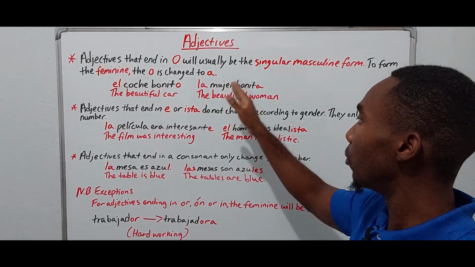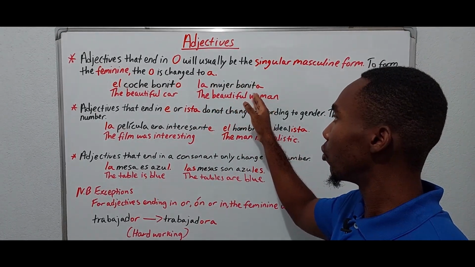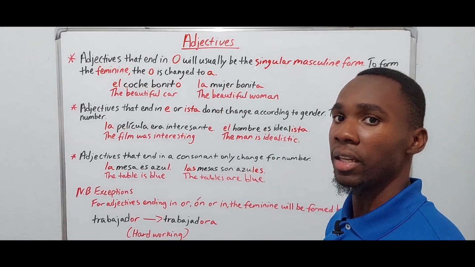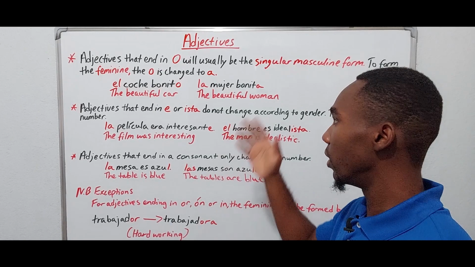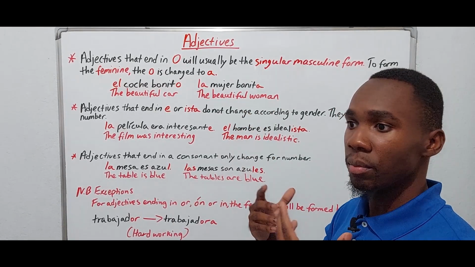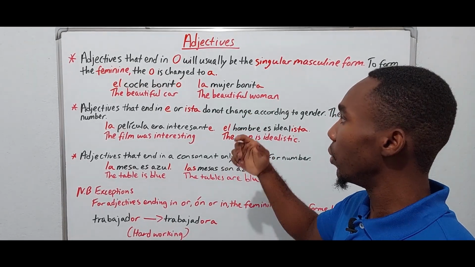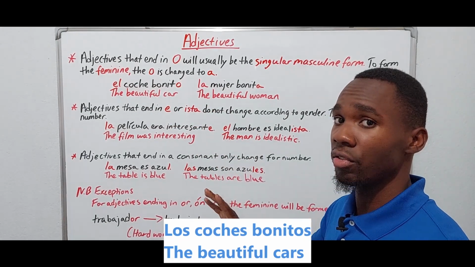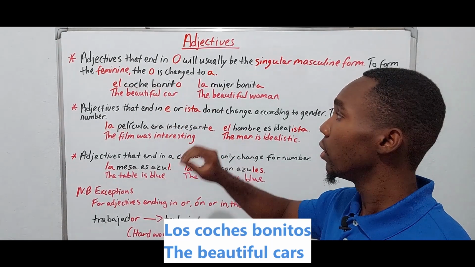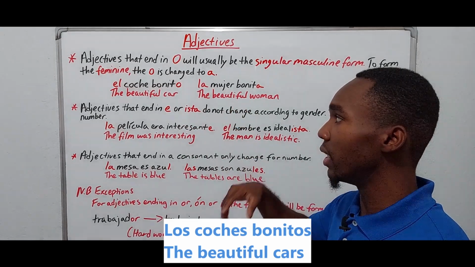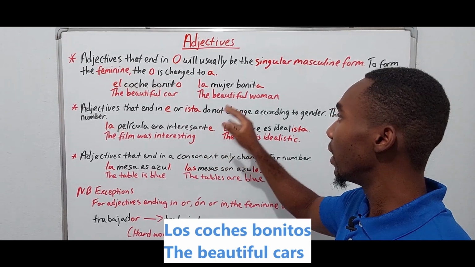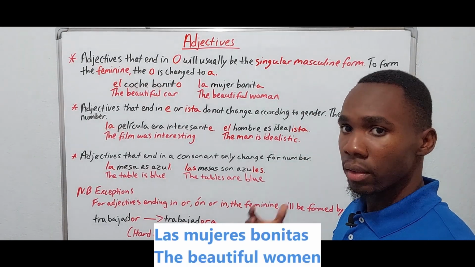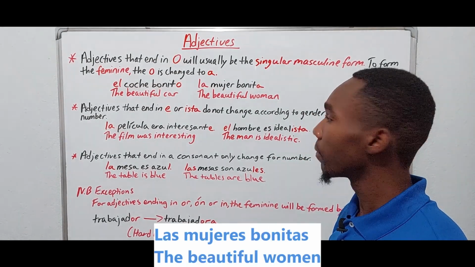So here, la mujer bonita. So you see that the O will change to A because we have a feminine noun, right? And they're singular. If we wanted to make them plural, we would say los coches bonitos, because everything has to agree, even the articles. Los coches bonitos would be the beautiful cars, and las mujeres bonitas would be the beautiful women, right?